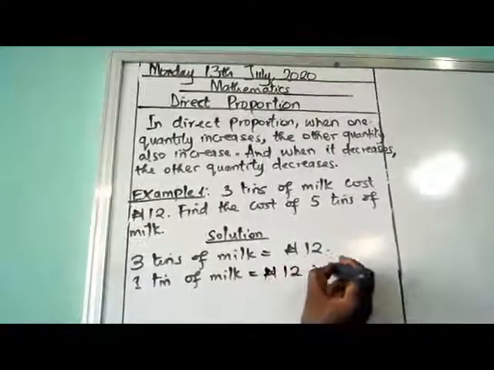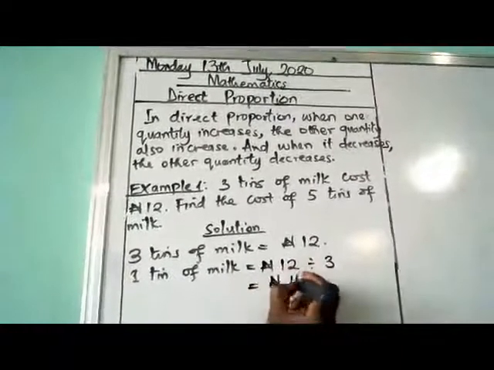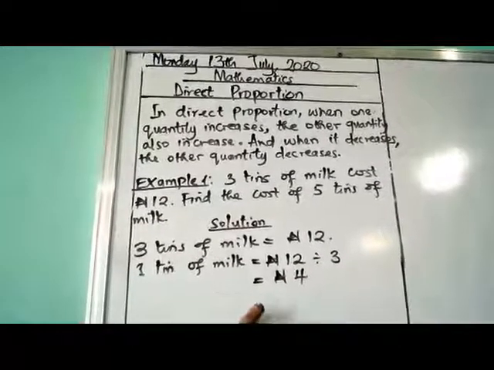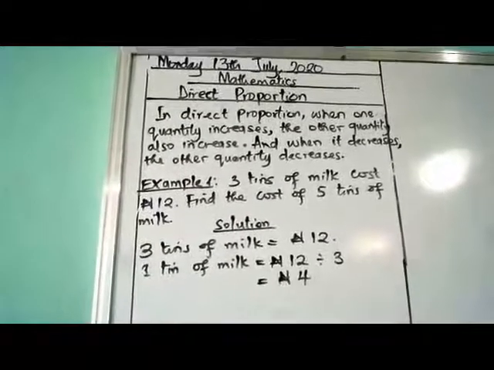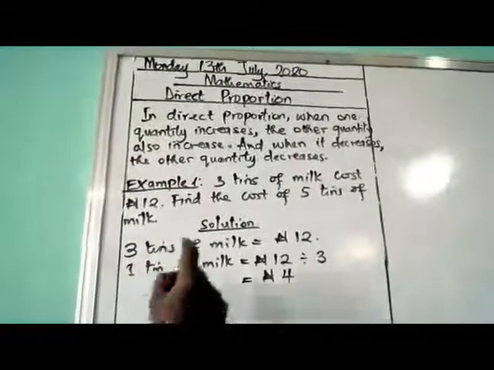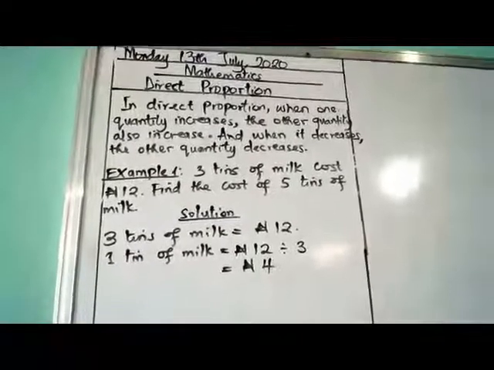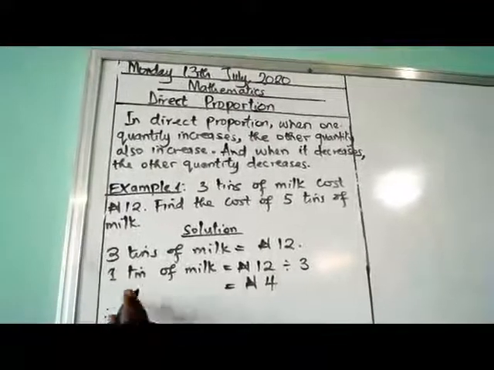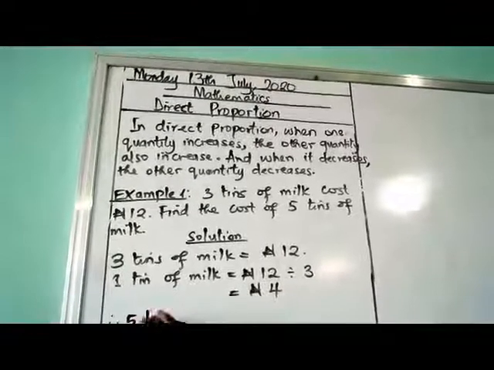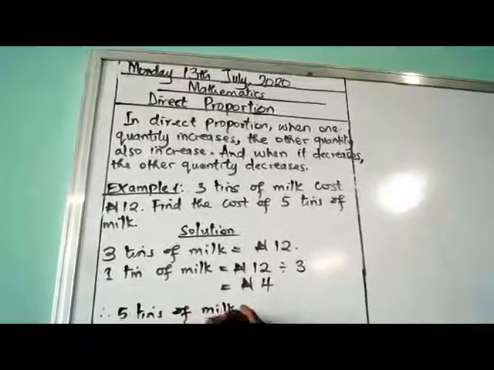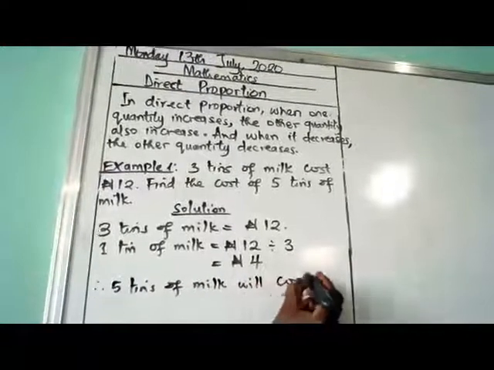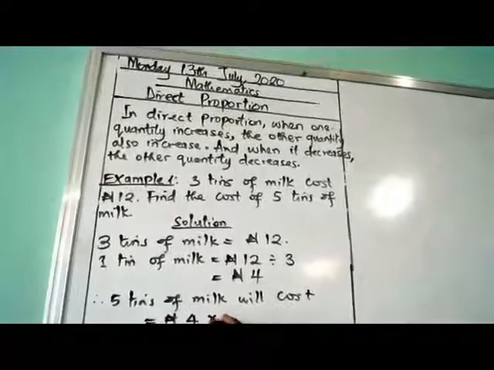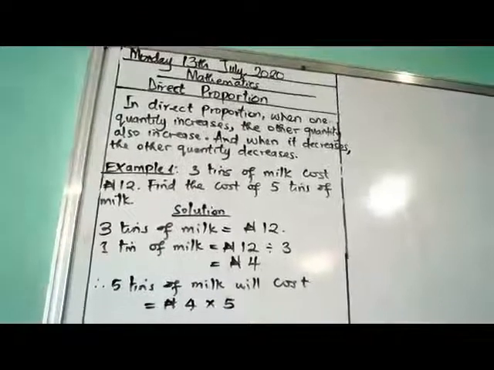So if I divide 12 by 3, we're going to have what? 4 naira. That means 1 tin of milk costs 4 naira. But when we go back to our question, it is telling us that we have to find the cost of 5 tins of milk. So if 1 tin of milk costs 4 naira, then 5 tins of milk will cost 4 multiplied by 5.